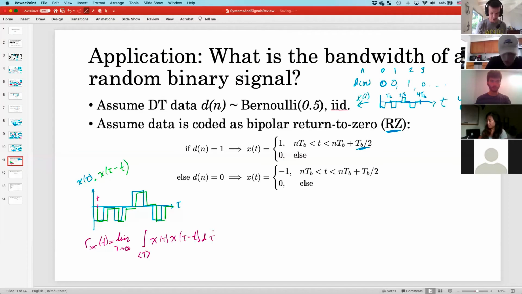The next trick is not to write this in terms of some arbitrary capital T, but rather only consider this in chunks of TB. And so one way to do that would be to change the variable in the limit here. So let's take the limit as n goes to infinity. And we're going to then integrate over n times the bit period.